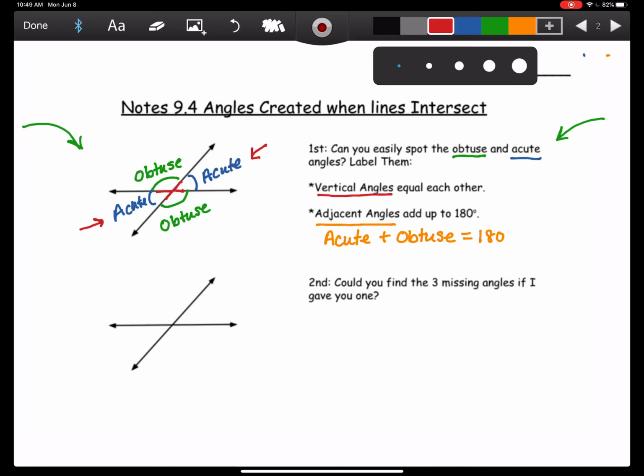So let's go back to vertical angles. So both acute pairs equal each other. What do you think's true about the obtuse pairs? They equal each other also. So their angles point to each other as well. Okay? All right, let's jump down to the bottom diagram.